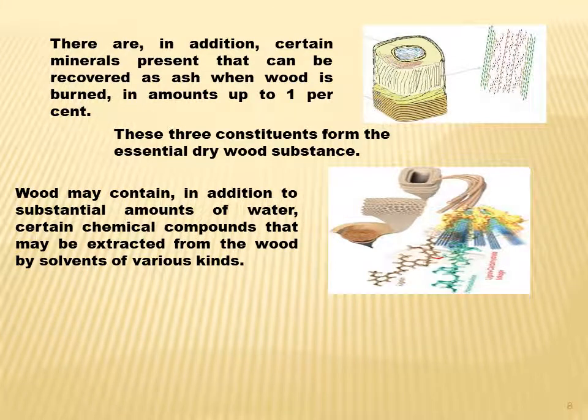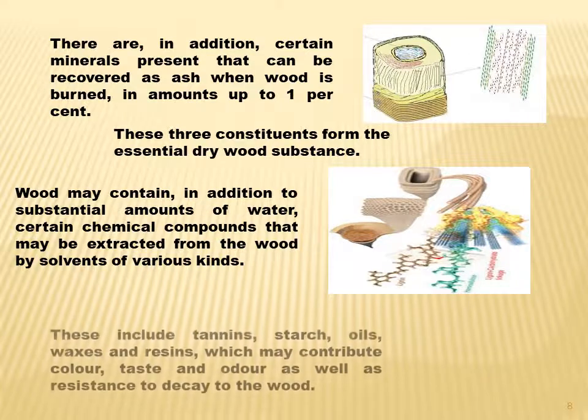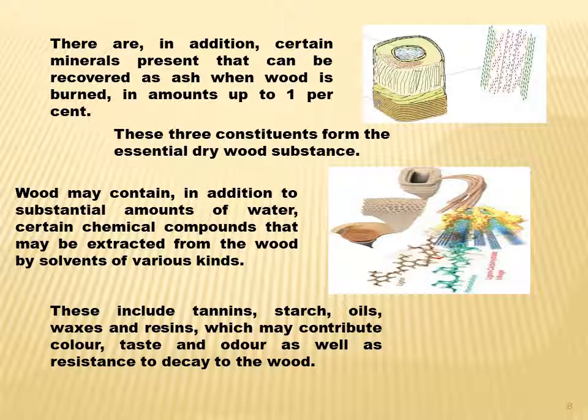In addition to these, the wood may also contain a substantial amount of water and certain chemical compounds that may be extracted from the wood by solvents of various kinds. The chemical compounds that are present in the wood are tannins, starch, oil, waxes and resins, which may contribute color, taste and odor as well as resistance to decay to the wood.